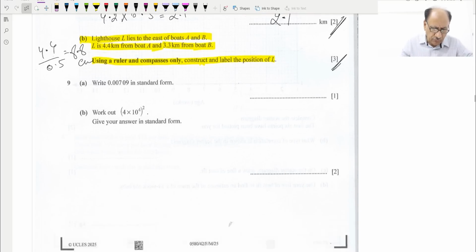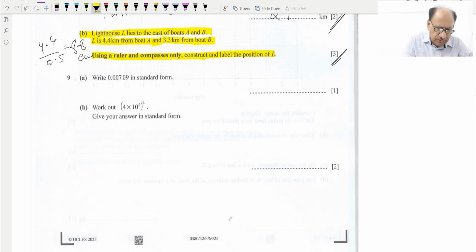Now we can move to question number 9, and question number 9 A part says 0.00709 we have to write in standard form.